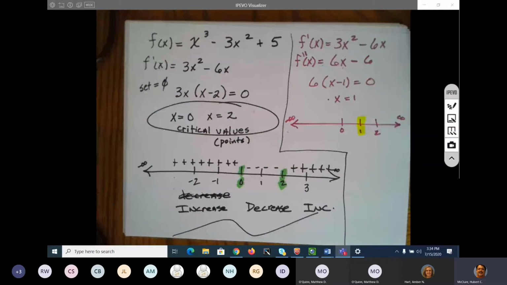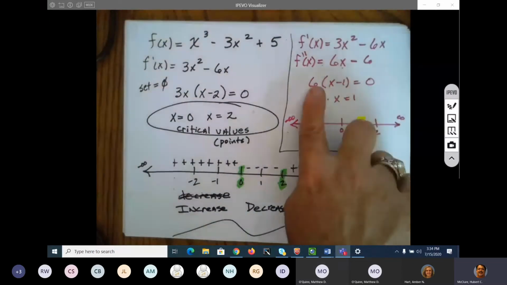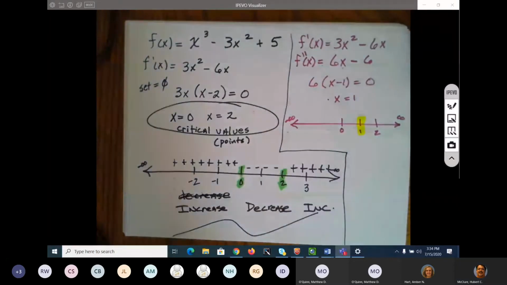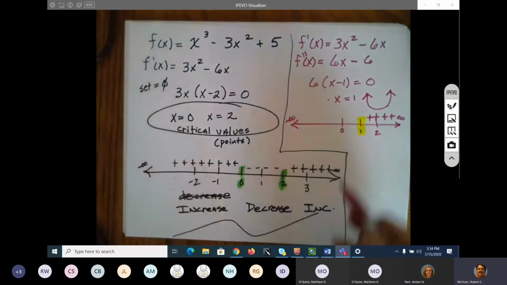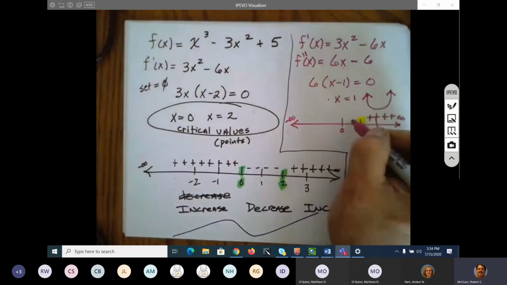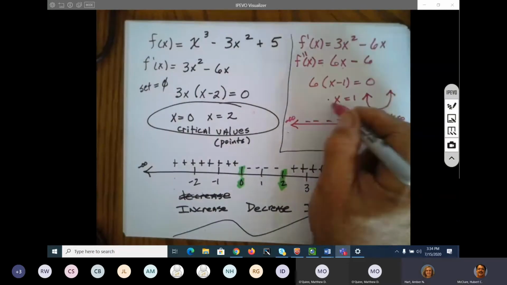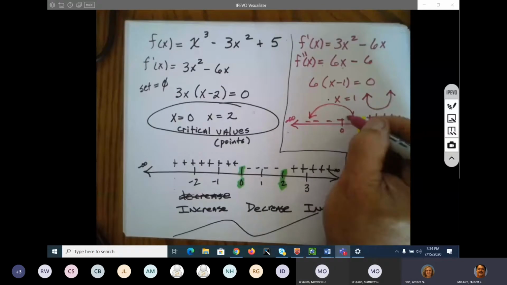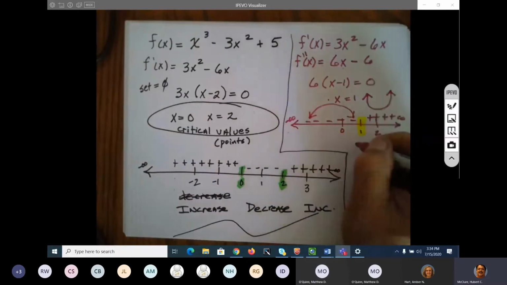So plug in 2. 2 minus 1 is a positive number times 6 is positive, which means concave up. And then 0 will give us a negative number, which means concave what? Down. And we know that x equals 1 is our critical value. I mean, this is our inflection point.